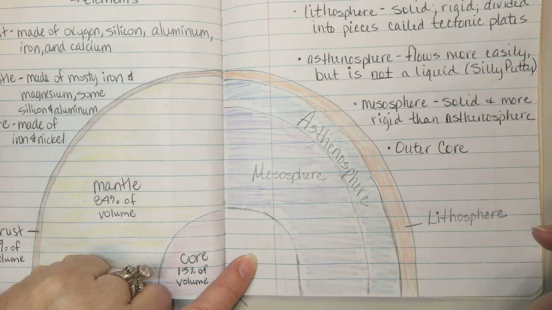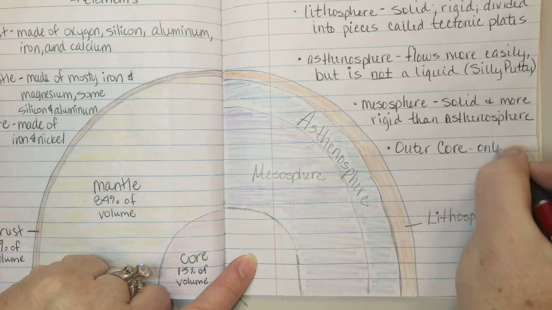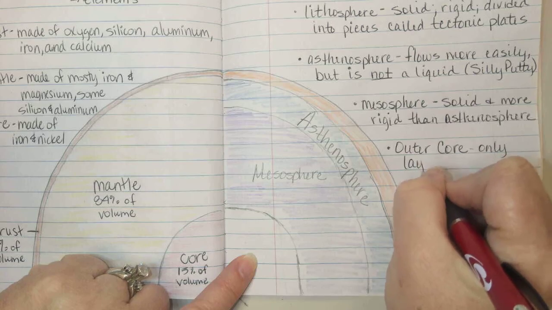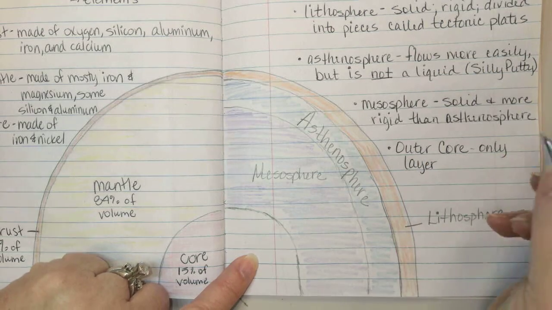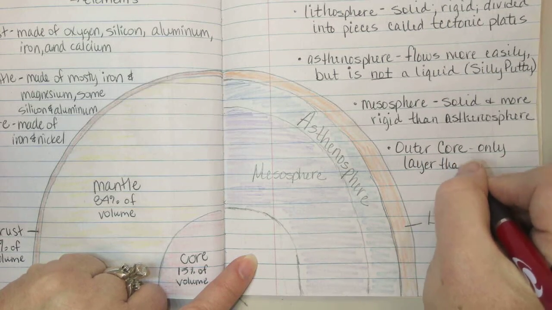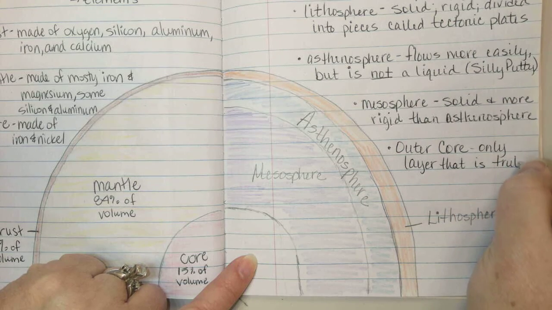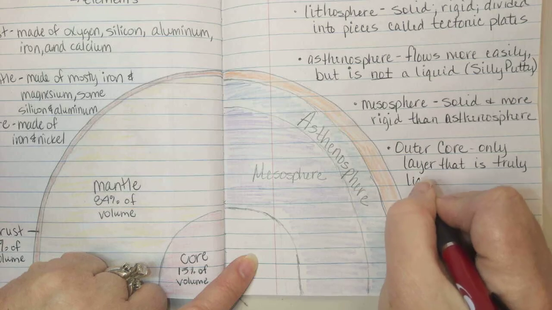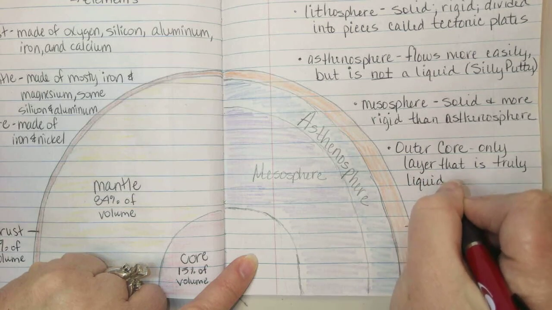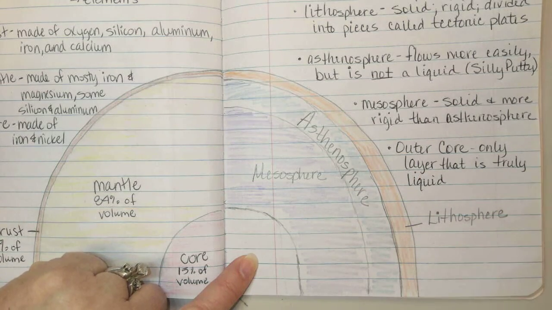Outer core is the only layer that is truly liquid. Okay, it's the only layer that's truly liquid is the outer core.